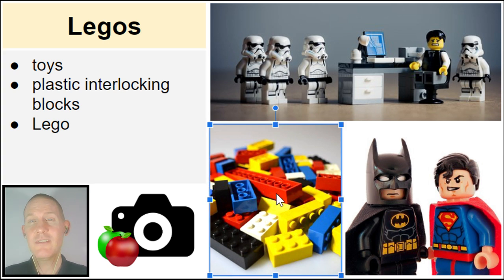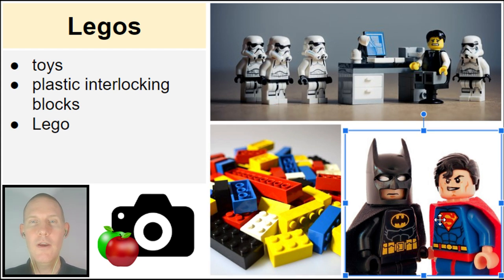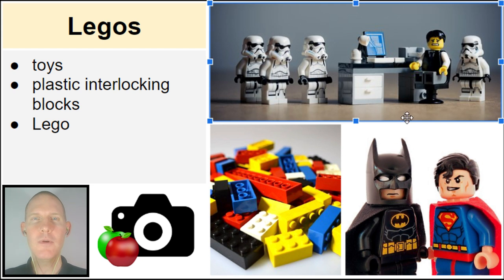So let's take a look at the pictures. These are regular Lego blocks, right? You can put them together and build things, very common. Over here we have Batman, a Lego character, Batman and Superman. I think they were in the Lego movies. And on top we have Stormtroopers, Lego characters from the movie Star Wars, right? And this guy sitting at the desk, he looks a little bit freaked out.